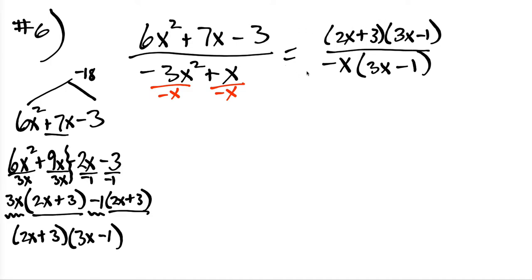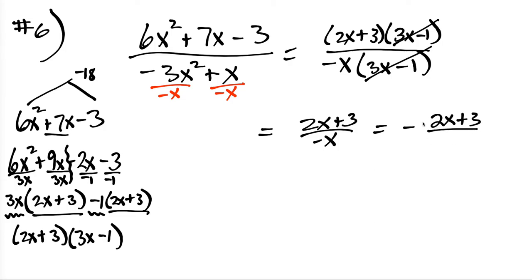And for the most part, you guys should take it as a clue that every one of these questions is probably going to have something that cancels because that was the goal of the assignment. So those cancel out. There's 2 ways you can write the final answer. You can write it as 2x plus 3 over negative x. I would bet the answer key probably wrote the answer as negative in the front. For whatever reason, they don't usually like putting negatives on the bottom. So they probably wrote the answer like that.